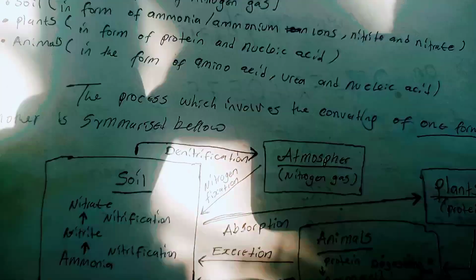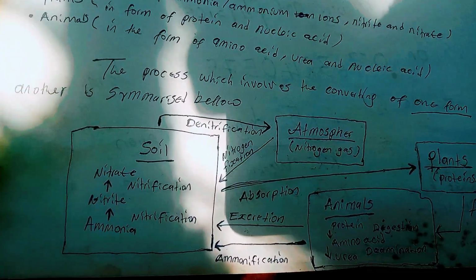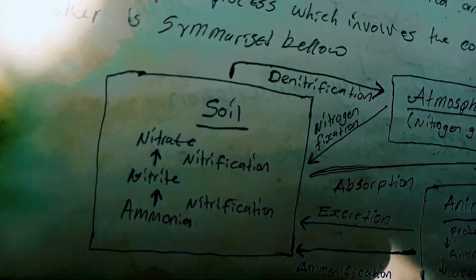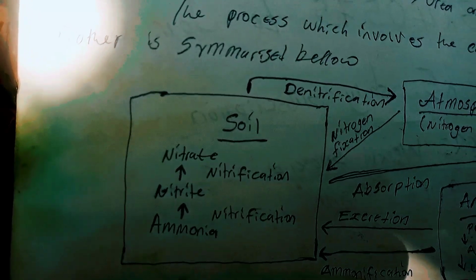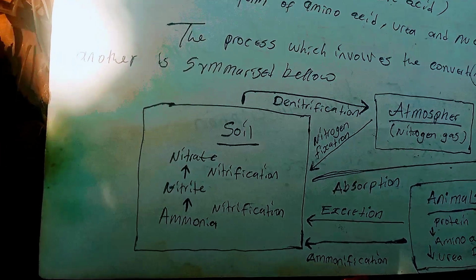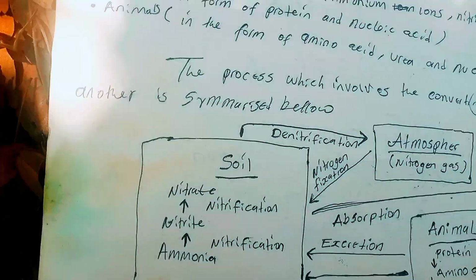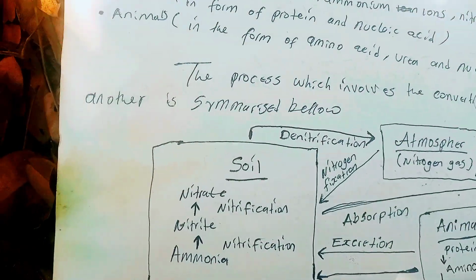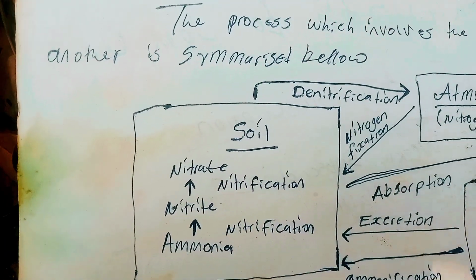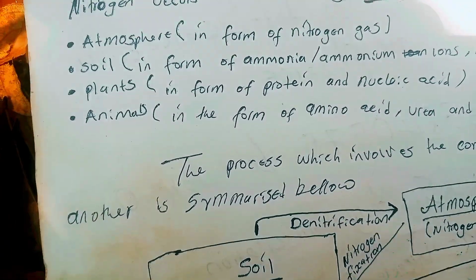So from there, we now go to the second process, which is nitrification. In nitrification, ammonia has to react with oxygen, or ammonia has to be oxidized to form nitrite, with the help of the bacteria we call Nitrosomonas.